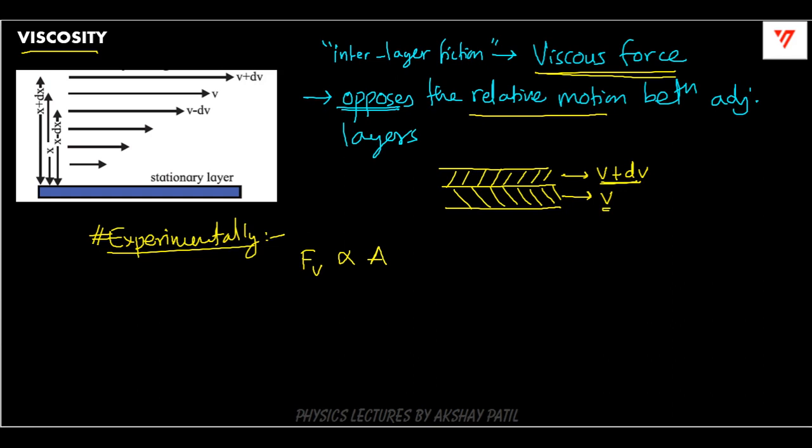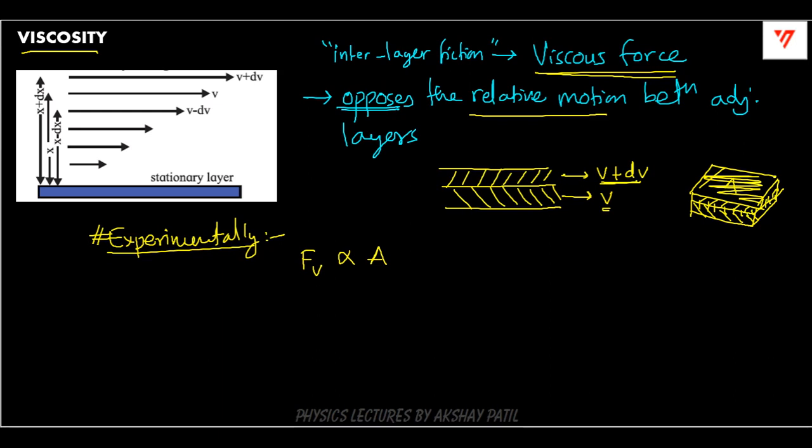If I take this section, this is the uppermost layer I'm showing by hatching, this is the bottommost layer. So the viscous force depends on this whole area, because that much molecular adhesion or normal reaction will be there.